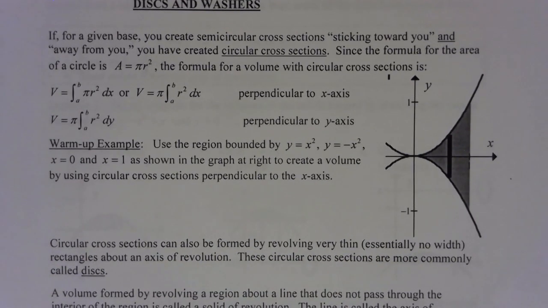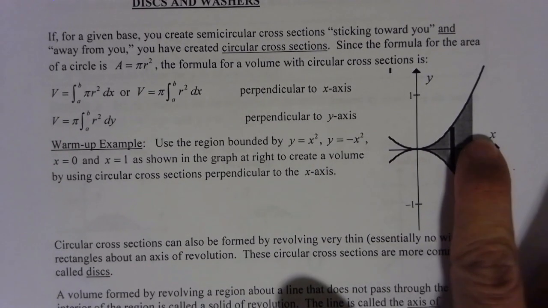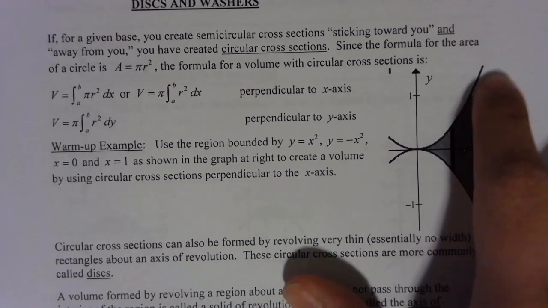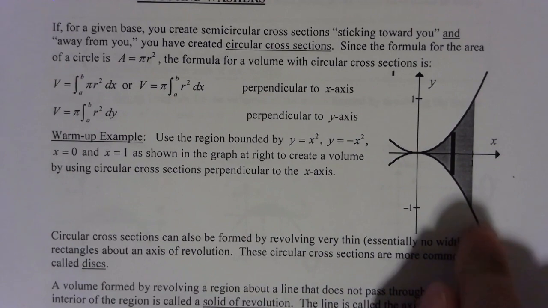It says use the region bounded by y equals x squared and y equals negative x squared, x equals 0 and x equals 1. So we're going from here to 1, and then we have our top graph and our bottom graph.